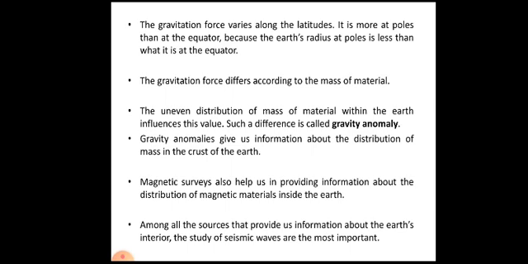So whenever we come across the value of G which is not the expected value and which is not the exact value, such a difference is known as gravitational anomaly. What does that mean? It means at a place, if the value of G comes A and it should come B but it's not B, therefore such a difference is known as gravitational anomaly.